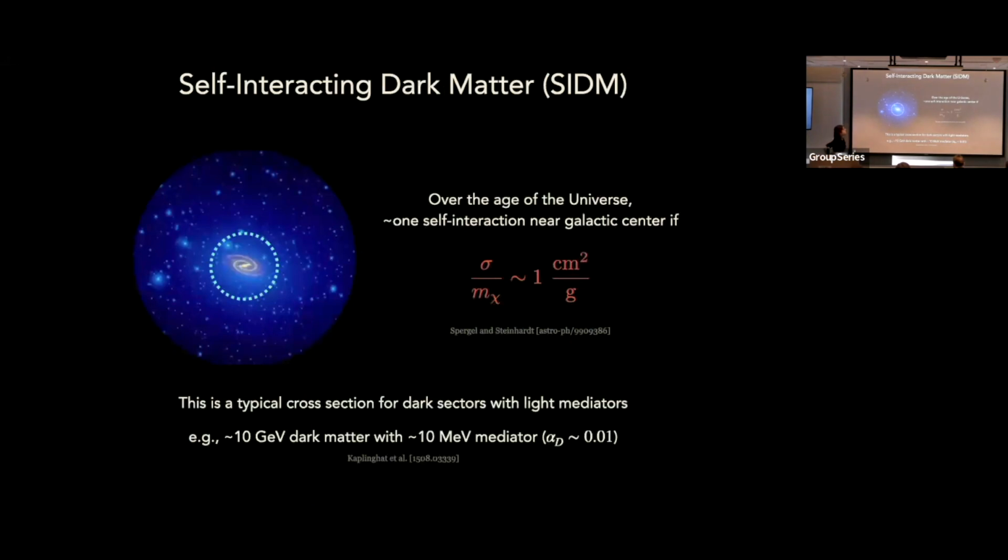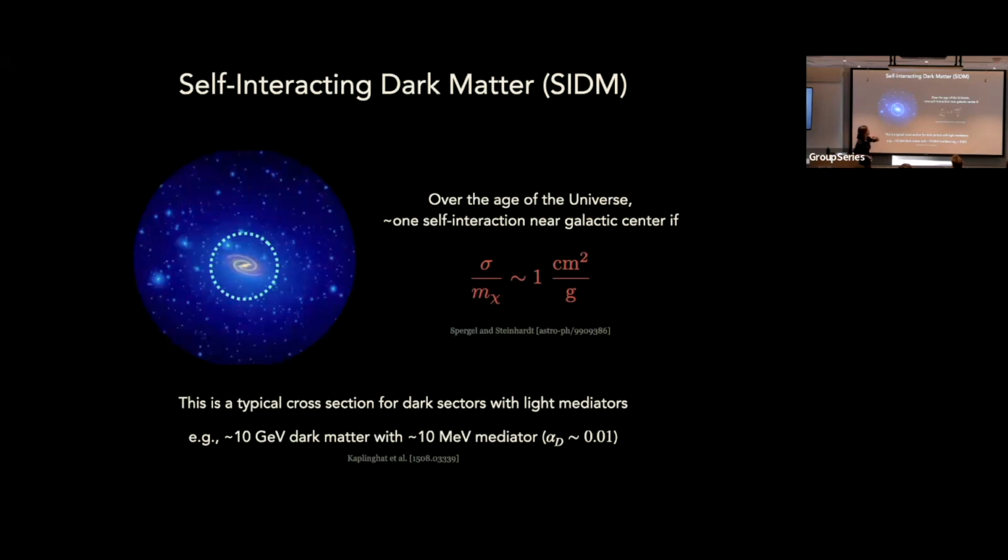Okay, so the self-interacting picture was first proposed in this paper by Spergel and Steinhardt. The basic idea underpinning that paper is very simple: if I allow the dark matter to interact with itself, and I want it to be relevant on galactic scales, then what kinds of interaction cross-sections do I need?